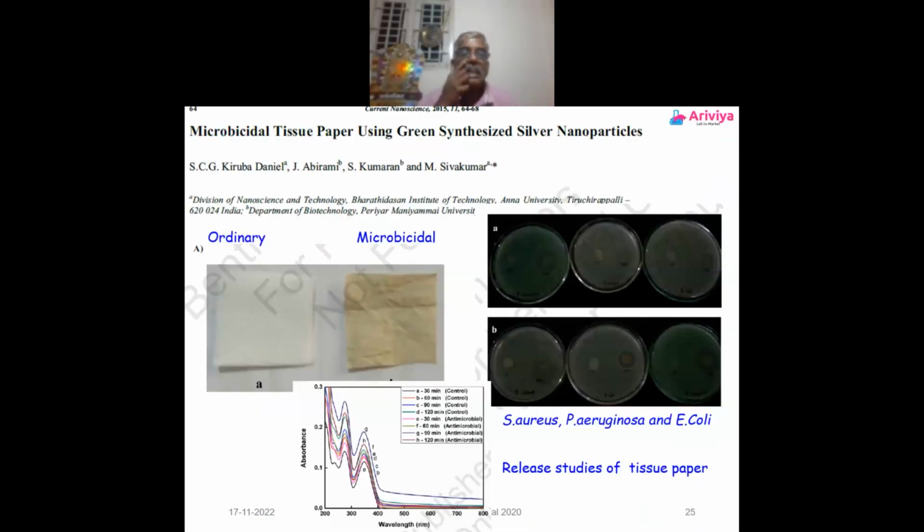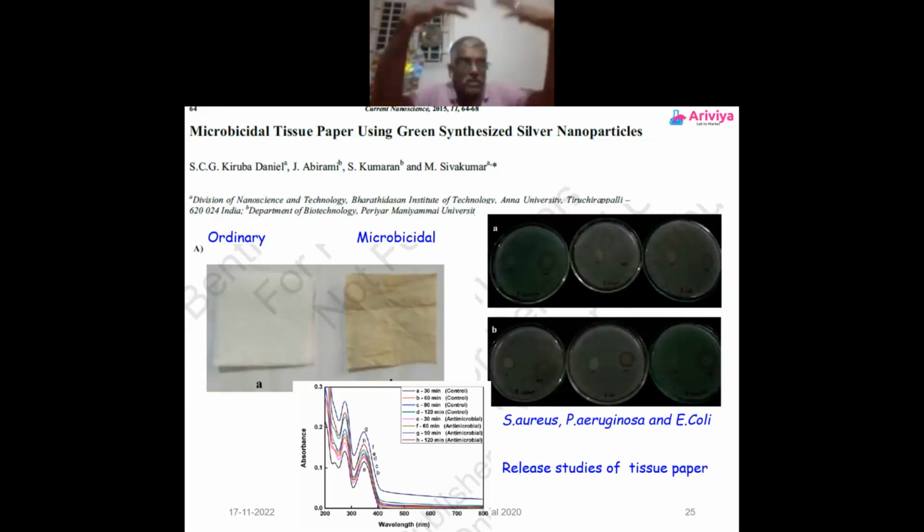Not only that, we also made a microbicidal tissue paper. Usually we use tissue paper with tincture to wipe a wound. We want to avoid that, so why don't we implant some microbicide on the paper?